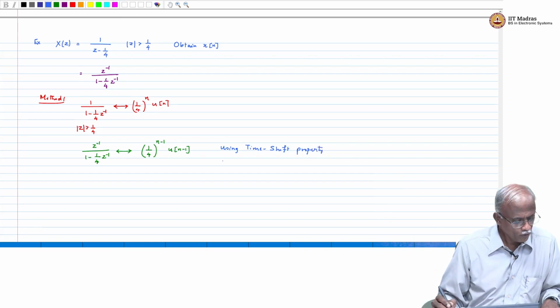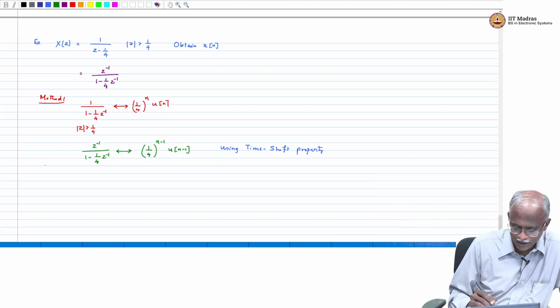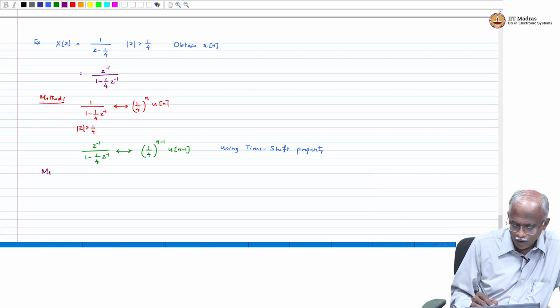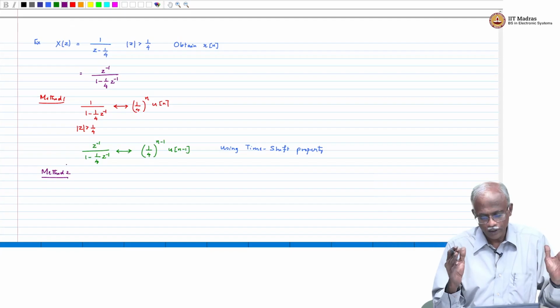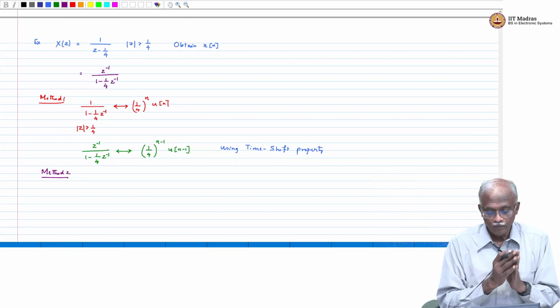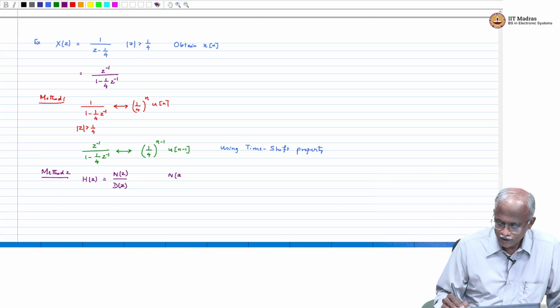Okay, now of course we can do it in one more method. Let me just highlight that method for you, and this goes back to some terminology. When you have a ratio of polynomials, a rational form, let us say H of z equal to N of z by D of z, N of z is the numerator polynomial.